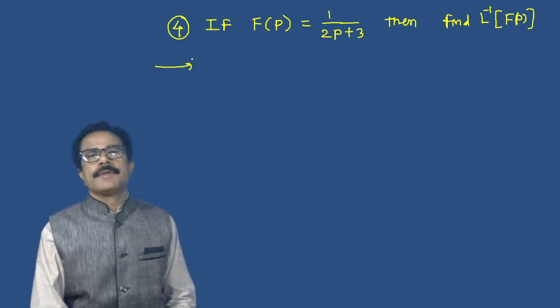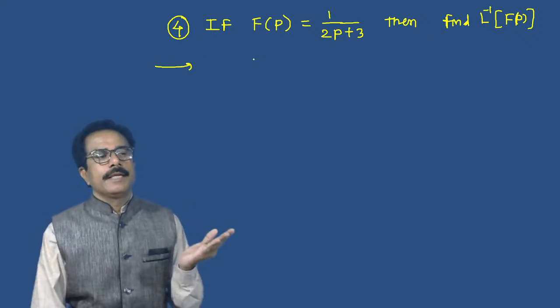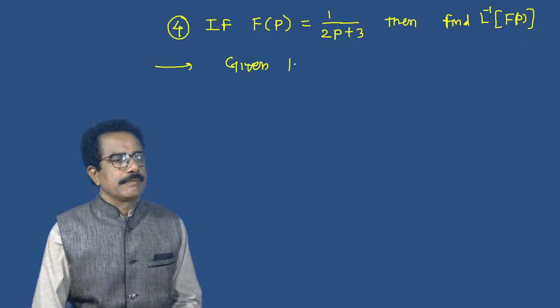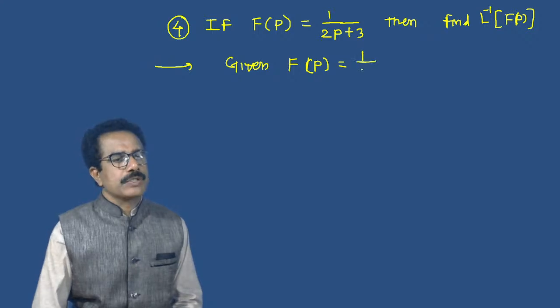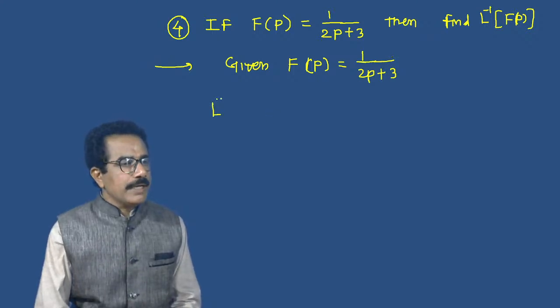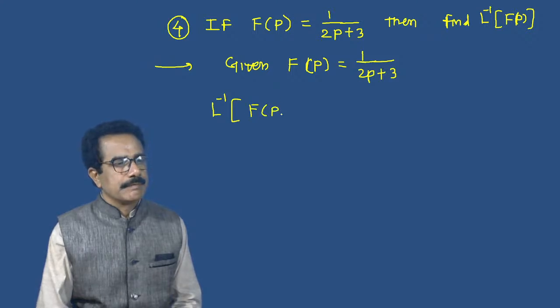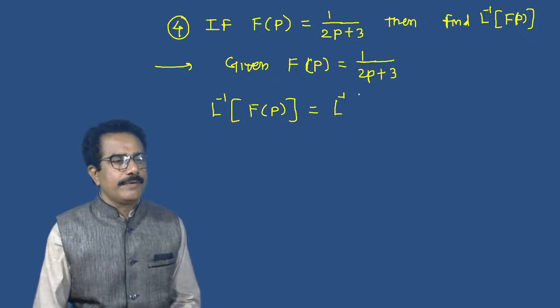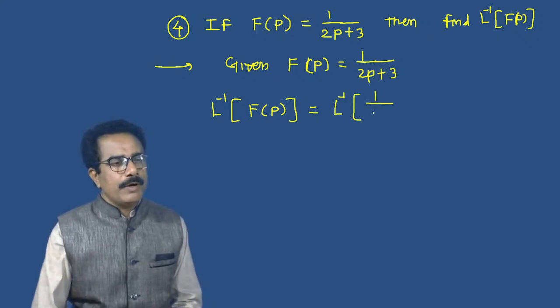Now here we have given capital F of p is equal to 1 upon 2p plus 3. Now L inverse of capital F of p is equal to L inverse of 1 upon 2p plus 3.